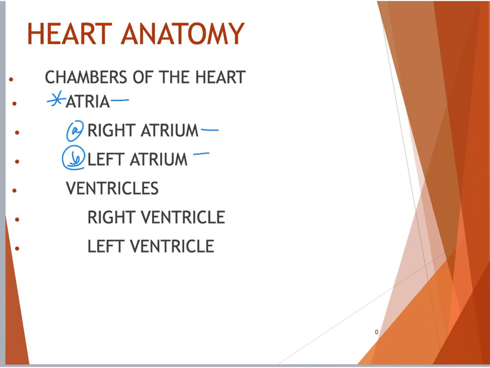And so we have the right atrium and the left atrium, and these are separated by a dividing wall called the interatrial septum. Now, every time you see the word septum, I want you to think of wall or divider, okay?